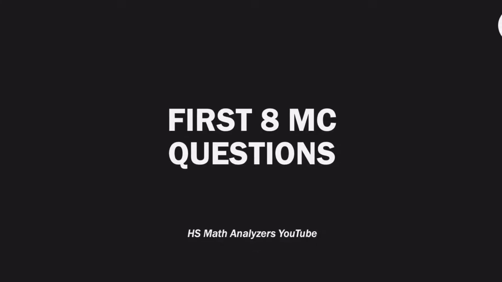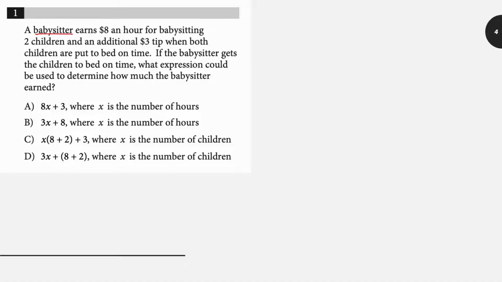First 8 multiple choice questions. A babysitter earns $8 an hour for babysitting 2 children, and an additional $3 tip when both children are put to bed on time. The babysitter gets the children to bed on time. What expression could be used to determine how much the babysitter earned?